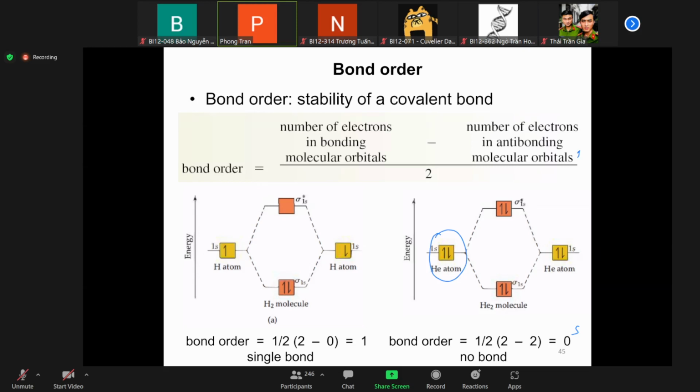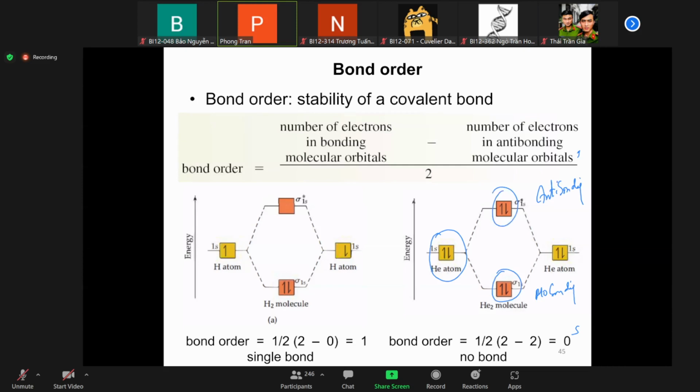You will have two molecular orbitals, one bonding and one anti-bonding, with bonding at lower energy and anti-bonding at higher energy. Now, the two heliums have total 2 plus 2 equal to 4 electrons. And you remember that each orbital can take only 2 electrons. So you put 2 electrons in the bonding and 2 electrons in the anti-bonding.